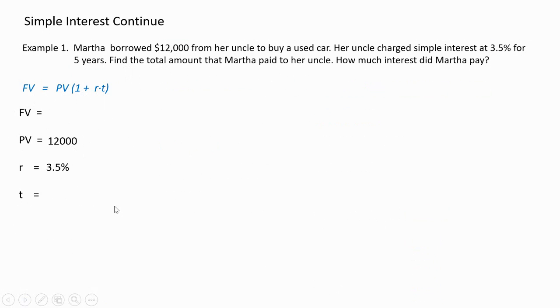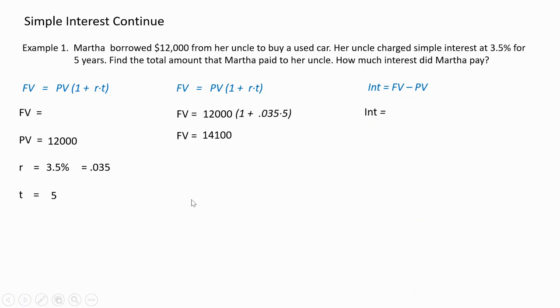My interest rate is 3.5%, converted to a decimal will be 0.035, and my time is 5 years. So let's plug them into the formula. There's my 12,000 times 1 plus 0.035 times 5. We plug that in the calculator just the way it is, and we get 14,100. So this is my future value.